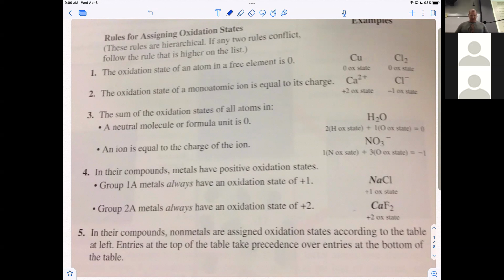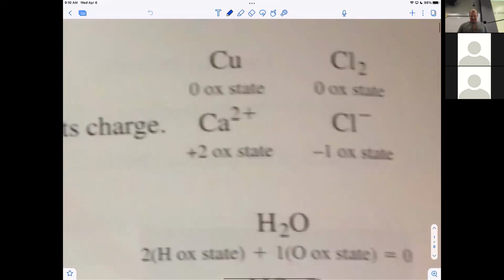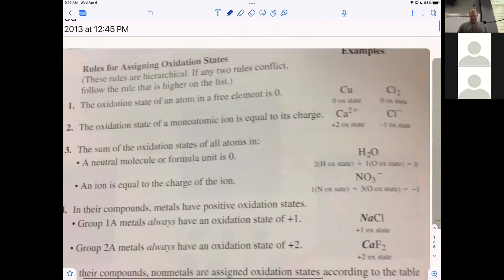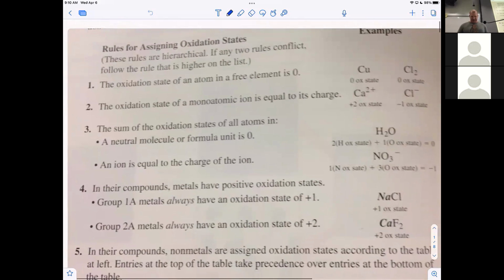These rules are hierarchical, meaning that rule number 1 is more important than rule number 2. Rule number 1: the oxidation state of a free atom or an atom in a free element is 0. So any element, copper metal, chlorine gas, oxygen gas, the oxidation state of those is 0, which means it has all of its electrons.